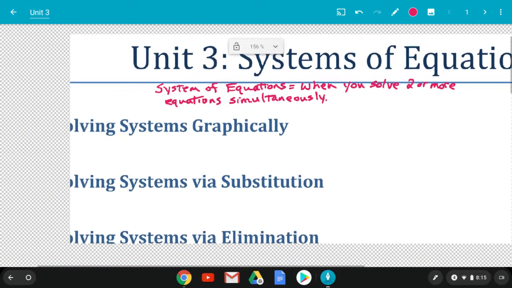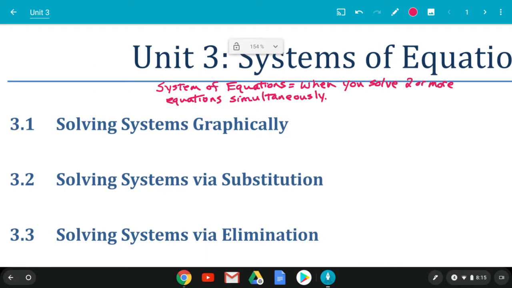There are three methods to solve systems of equations. The first method is graphing. The second method is called substitution. And the third method is called the elimination method, aka addition method. What does aka stand for?